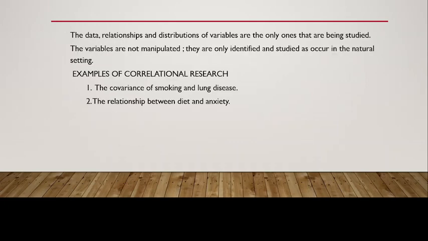Okay. The data relationships and distributions of variables are the only ones being studied. So only the relationships of one variable to the other variables are being studied in a correlational research.